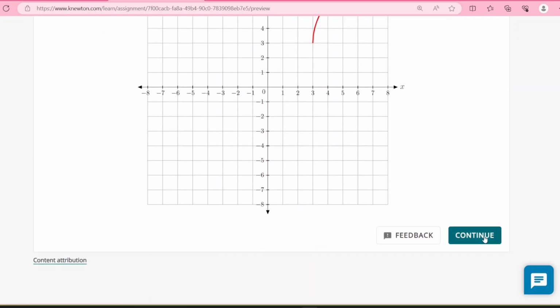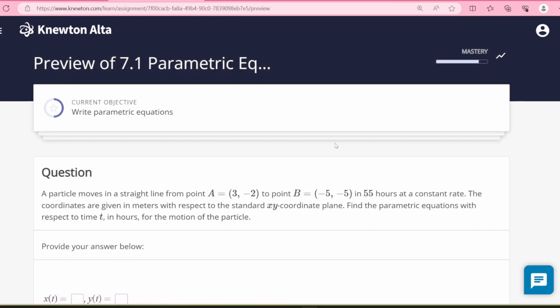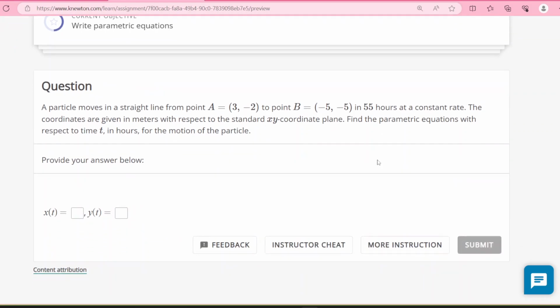Right, great. All right, so there's one last little objective left, the sub-objective, write parametric equations. Okay, so let me see if I can redeem myself here. This is a very similar problem to what we saw that I made the little error earlier. So it's moving from one point to another point on a straight line in so many hours of time at a constant rate.